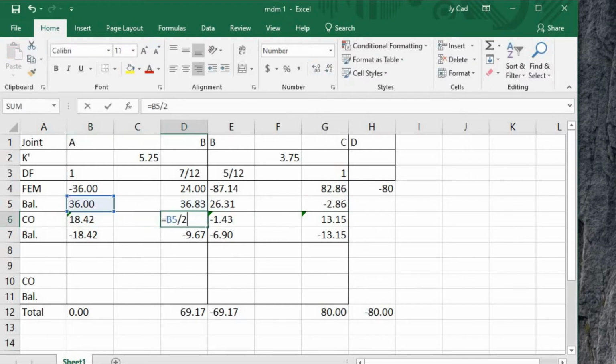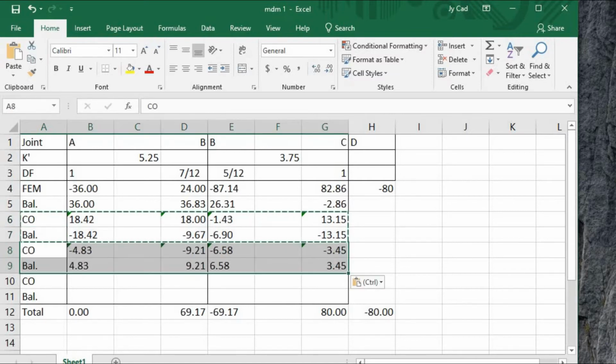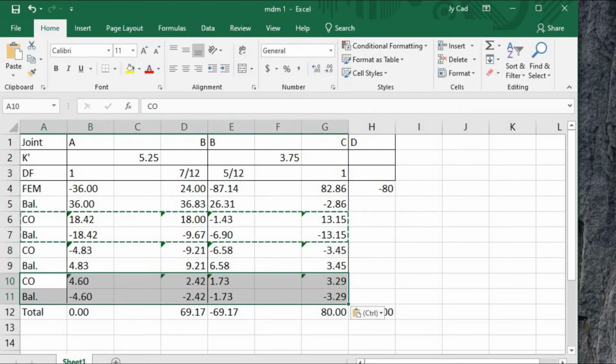Half, half, half, half. Okay na rin yan. So, let us copy now the full second cycle. Control C. Paste mo dito sa third cycle. Then, copy mo rin sa fourth cycle. So forth and so on. Until mapansin mo na yung cycle na balance na lahat or parehas na lahat ng kanilang CO tsaka balance. Then, you don't need to continue the cycle anymore.